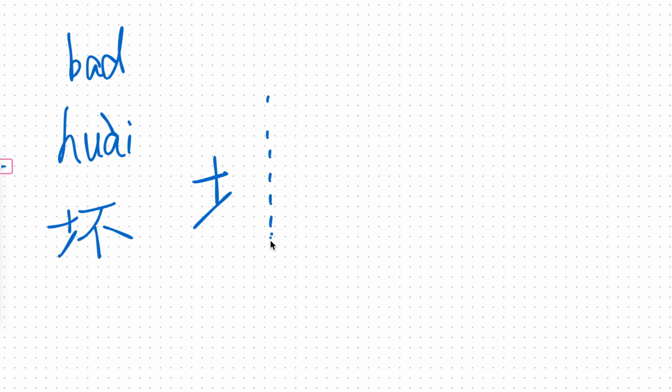Let's add a middle vertical line here. First, the horizontal one goes over here. The next stroke, slightly, you can start from the middle, goes to left. And the next stroke is in the middle, the horizontal one, and first and the last, a little dot here.